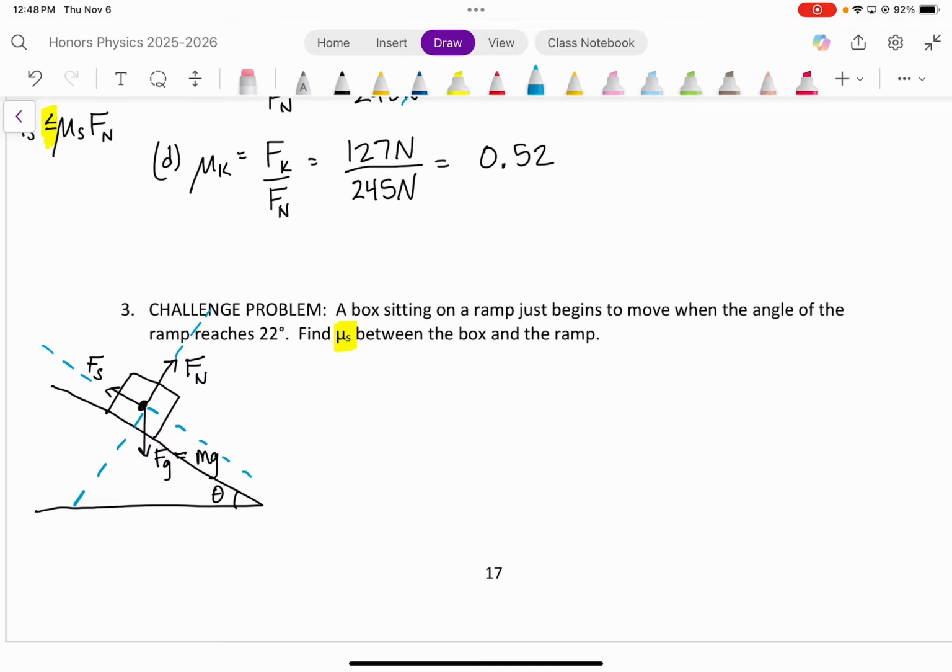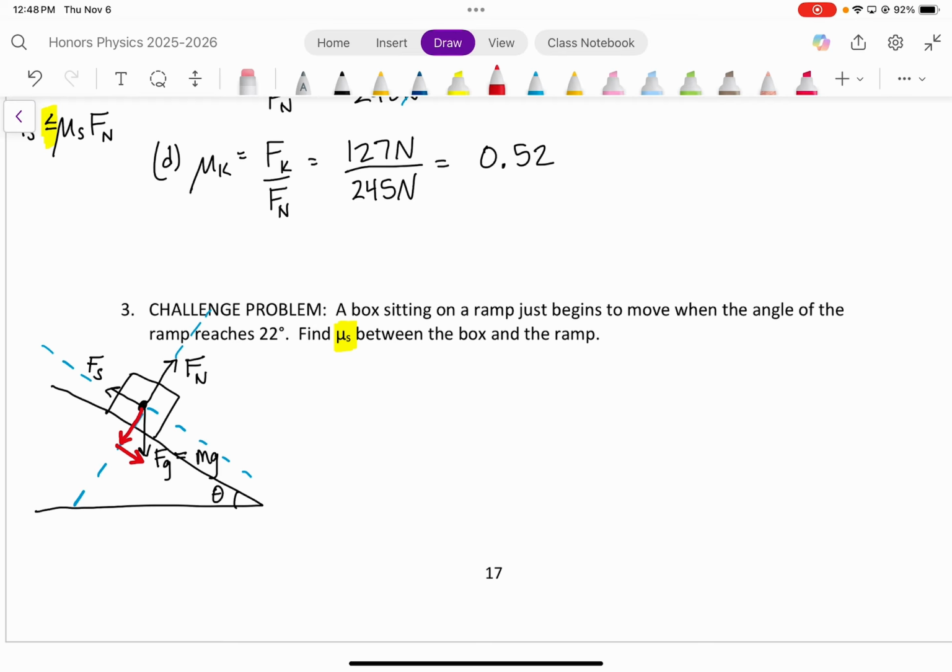Well, whenever I see things at angles, as a good physics student, I see triangles. So I'm going to break this force of gravity into a triangle. So I have a part of my gravity that is going down like this, and I have a part of this gravity force that is going like that.